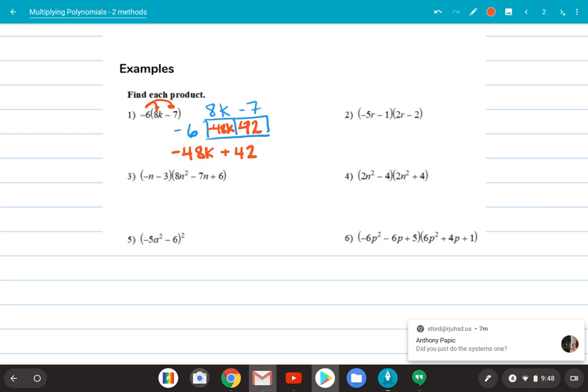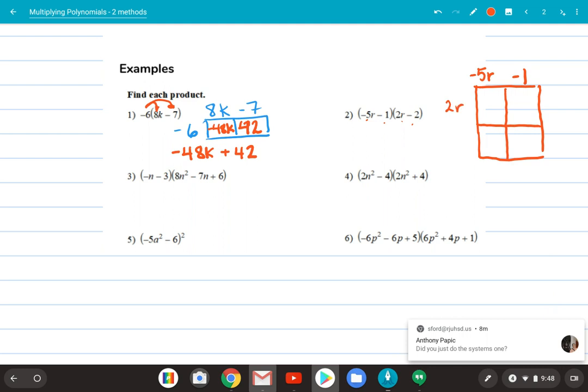Now with the next one, where it's 2 terms by 2 terms, much easier to do a 2 by 2 box. So 2 across, 2 down. It really doesn't matter which one you choose to go on the top and which one to go on the side because you're multiplying them. 4 times 2 is the same as 2 times 4. So -5r minus 1. You want to put the sign with it.